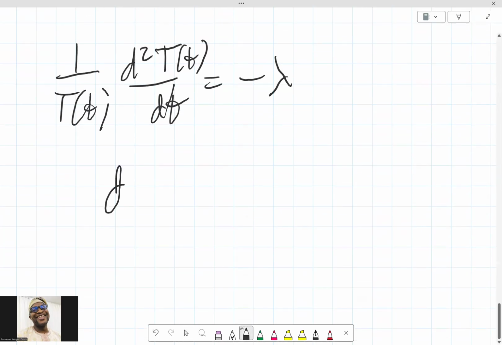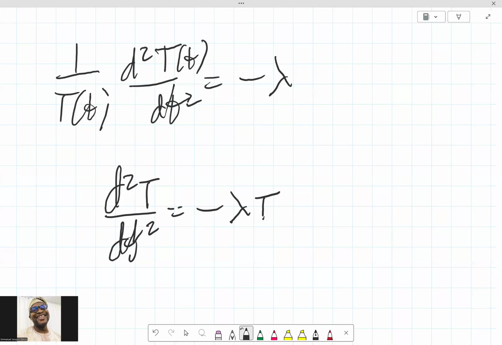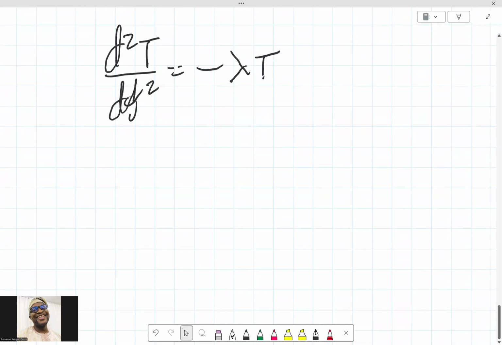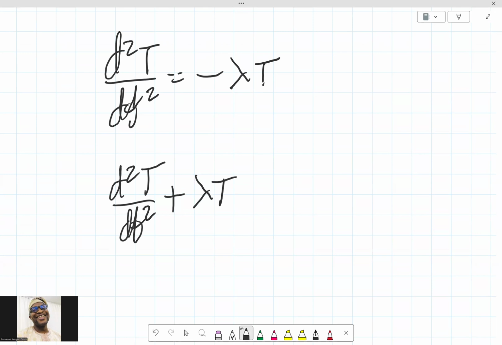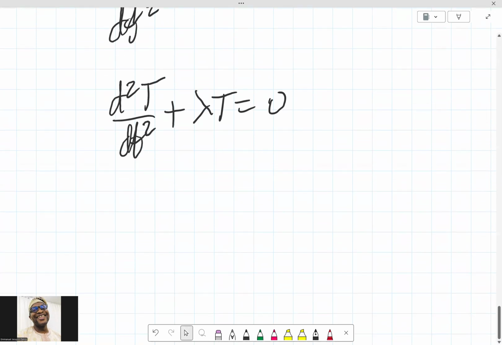Removing the arguments, d squared T over dt squared equals minus lambda T, when you multiply through by T of t. So we have this expression to solve now, and it is d squared T over dt squared plus lambda T equals 0.